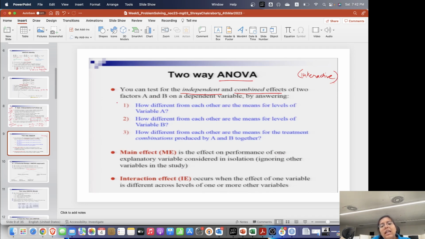First we have to see that there are two factors on which the dependent variable depends, and there could be several levels of each of these factors A and B. If we want to find out how different the means are for levels of variable A or variable B separately, then we test for main effects.